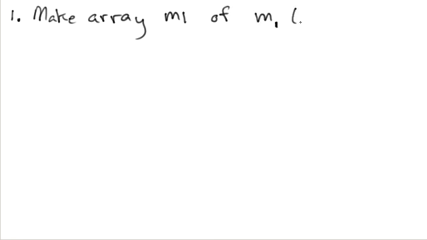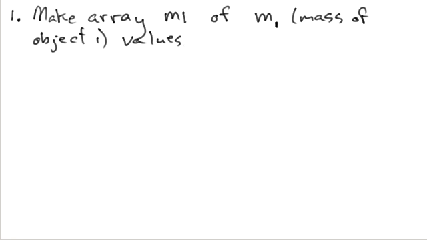So let's make an array, call it M1, of M sub 1, which is the mass of object 1, values, probably about 100 values.